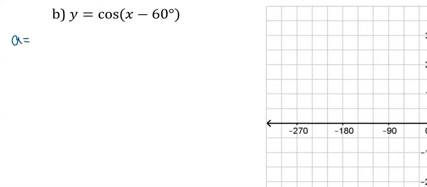What's my A value? Is the A value changed? No change, so it's 1. What's my D value? Is the D value changed? There's no change, so it's 0. In other words, it's staying the same as the base graph. What's different here is my C value. And the C value always has the opposite sign from inside the brackets. So my C value is 60 degrees.